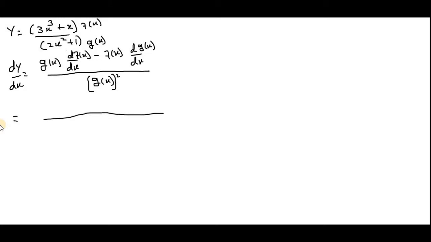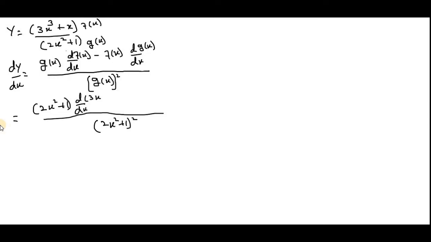Now we get 2x square plus 1 whole square and 2x square plus 1 as it is.